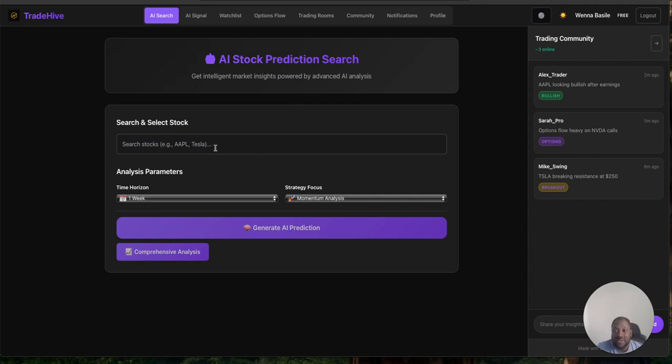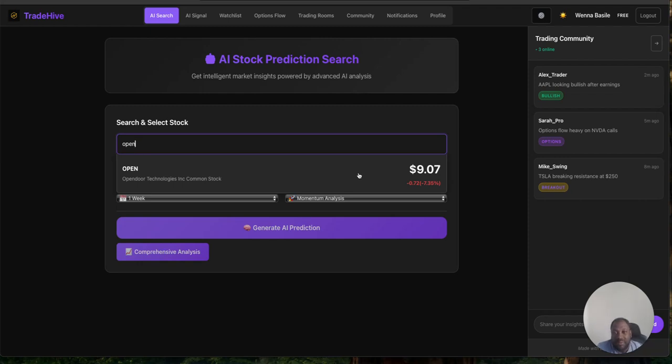So the first model that I built is AI search. And what this model does is, you put any stock here. So let's just put OPEN, right? It's one of the most high IV stocks right now due to interest rate news.